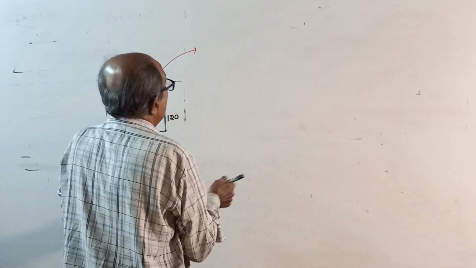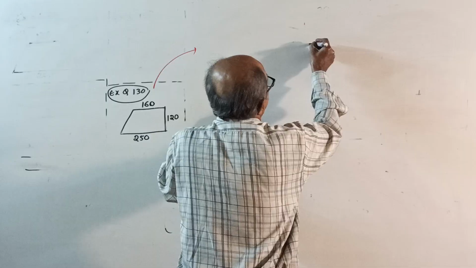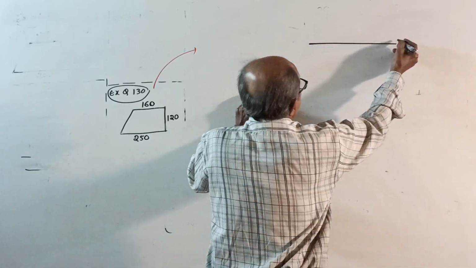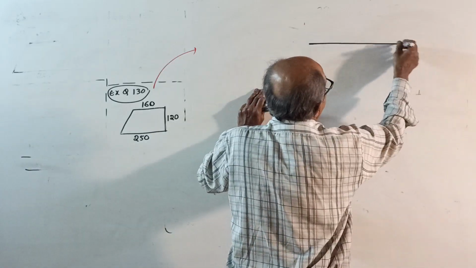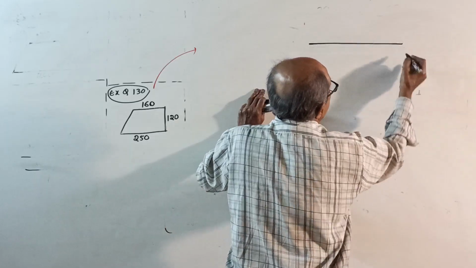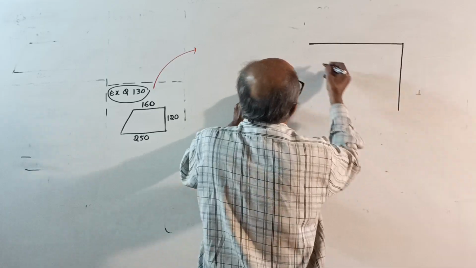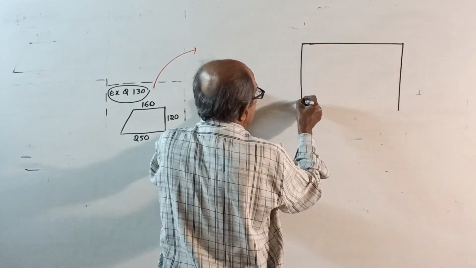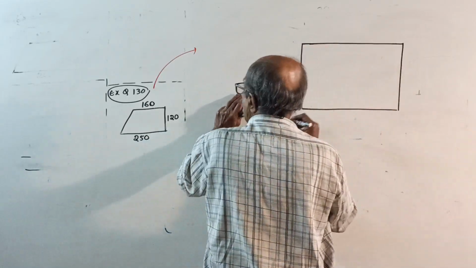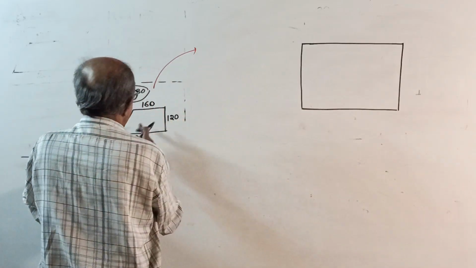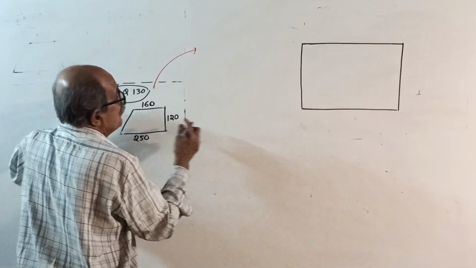160 by 120 rectangle. See, 160 by 120, a rectangle, and here this is 250. 160 lesser means a 90 offset here.